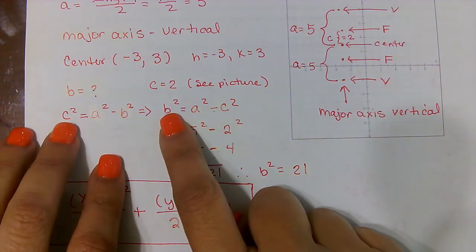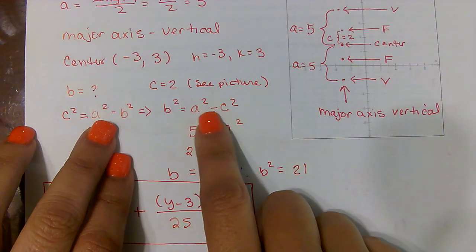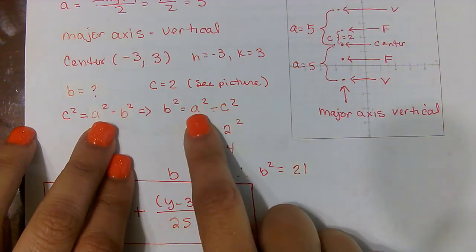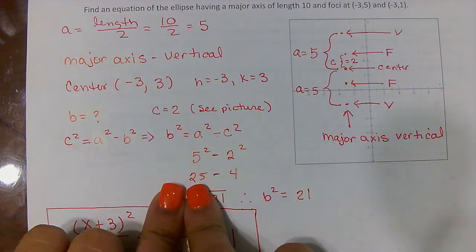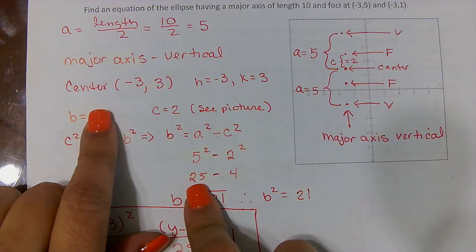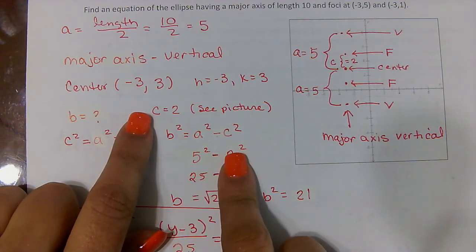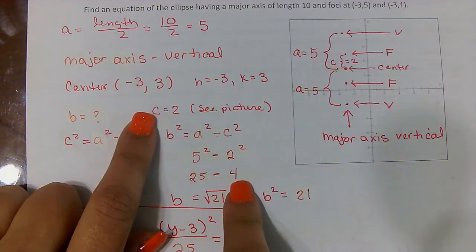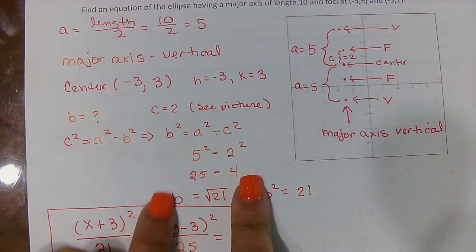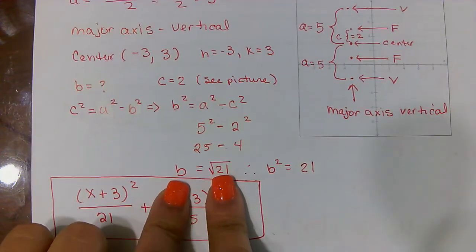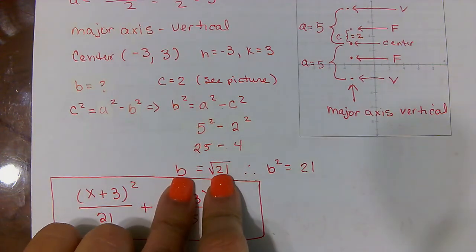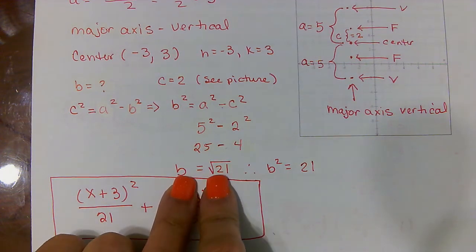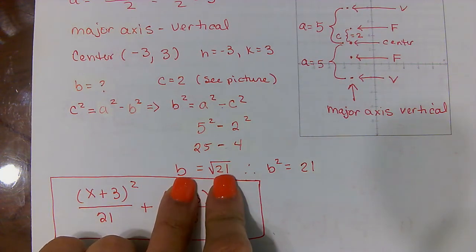So I get b squared is equal to a squared minus c squared. A is going to be 5, so 5 squared is 25. C is going to be 2, so 2 squared is 4. 25 minus 4 is 21. Then we take the square root of that value, so b is equal to the square root of 21.